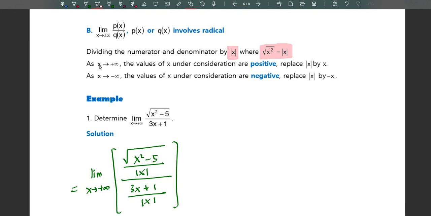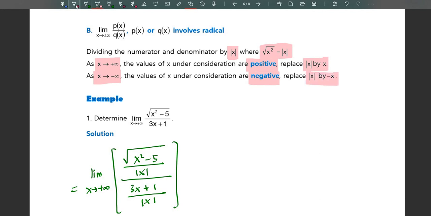As x approaches positive infinity, the values of x under consideration are positive. That's why we replace modulus x by x. And when x approaches negative infinity, we consider the negative values of x. That's why we replace modulus x by negative x.